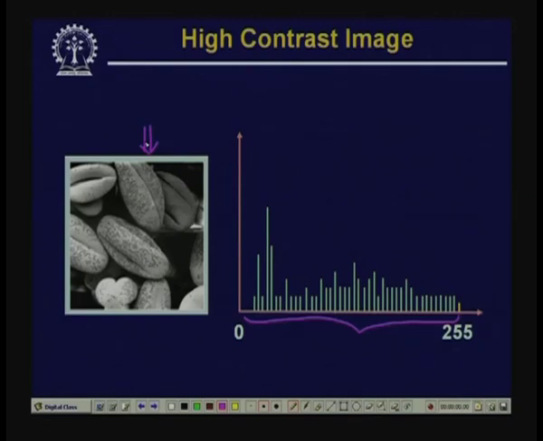As we said, the nature of the histogram shows the global appearance of an image, which is also quite obvious from these four different types of images that we have shown. The first one was the gray image, which is a dark image. The second one was a bright image. The third one was a medium category image, but the contrast was very poor.